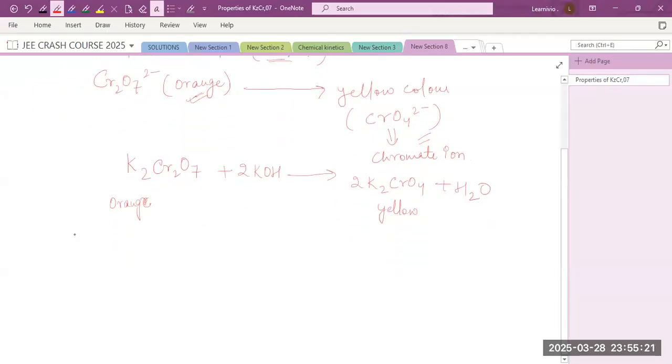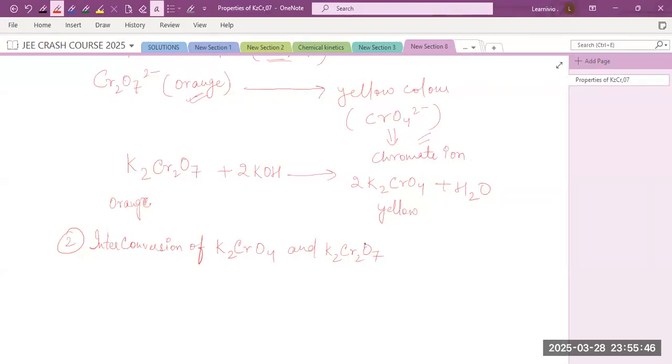Now see, second one is the interconversion of K2CrO4 and K2Cr2O7. So what happens on acidifying the K2CrO4 solution?